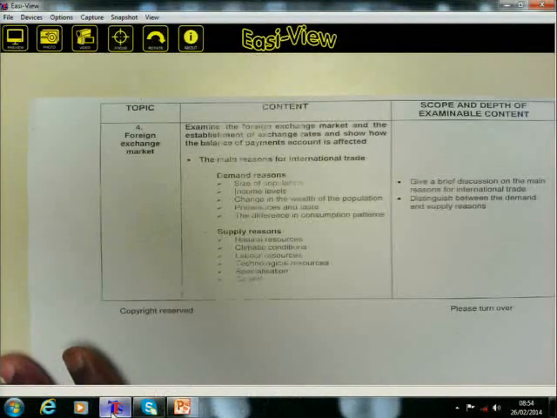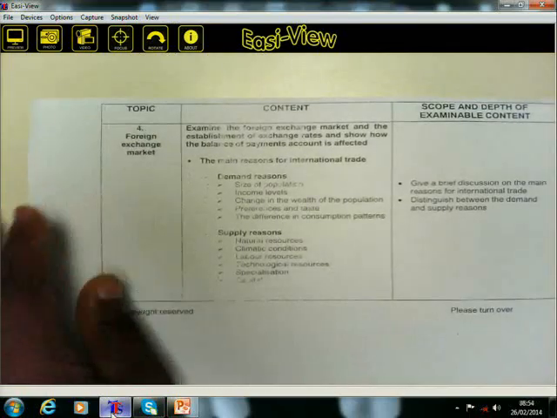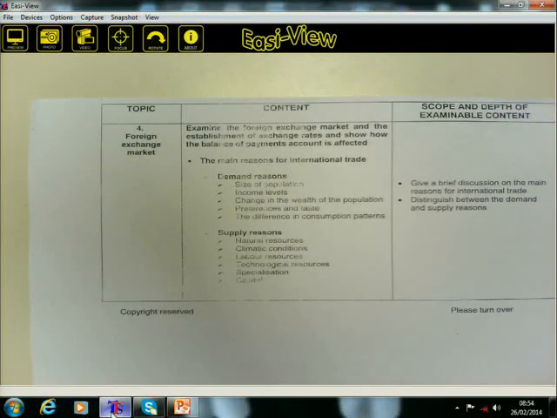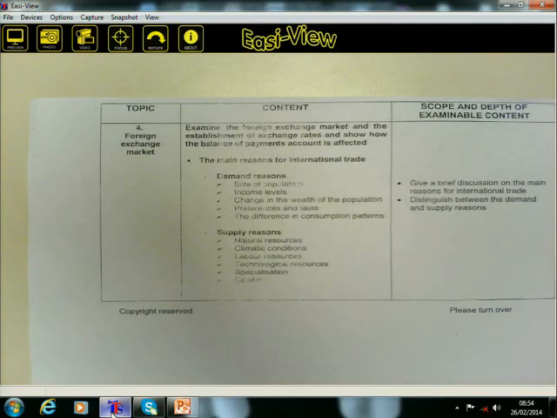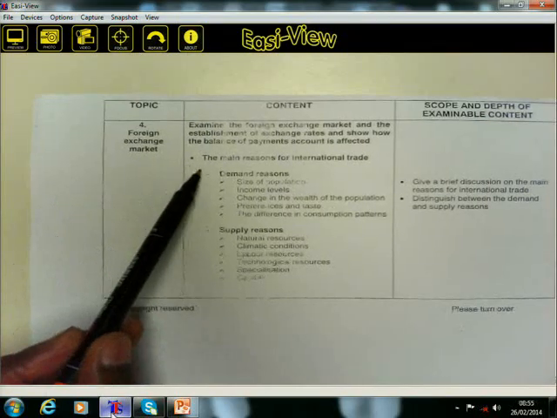Now, let us look at the scope of our examination guideline. Topic number 4 is all about the foreign exchange market, meaning that the content you must learn in this unit is the main reasons why we trade.